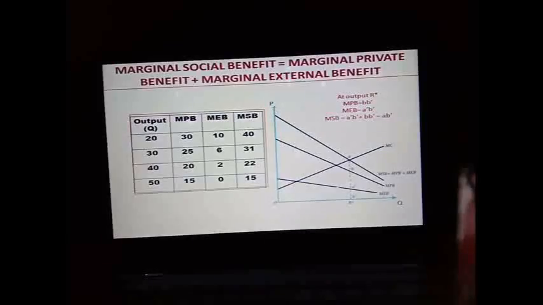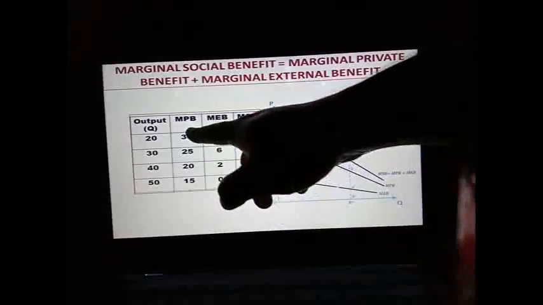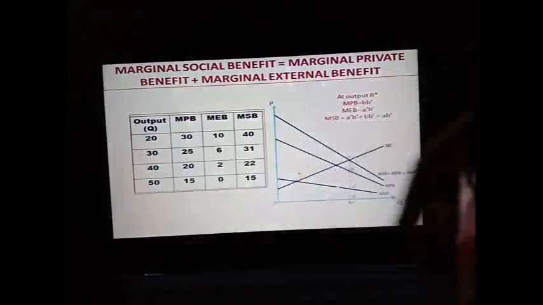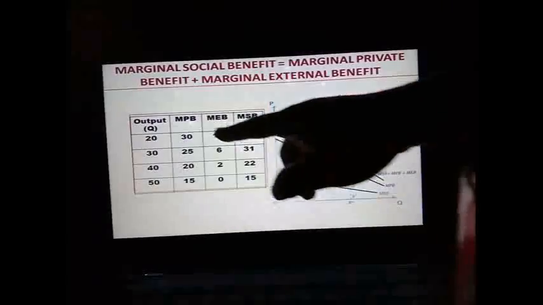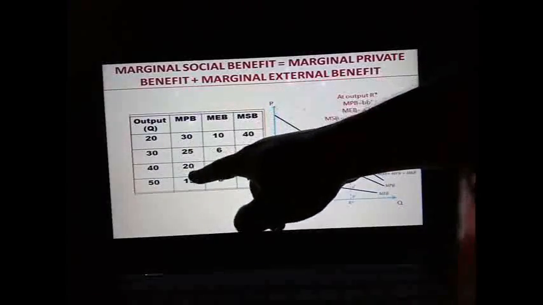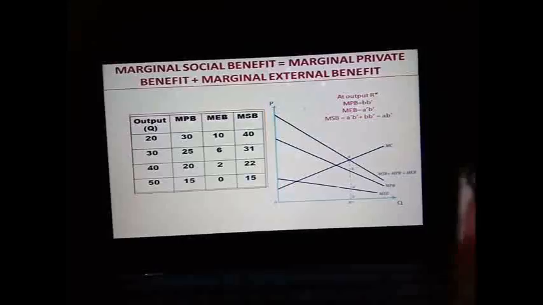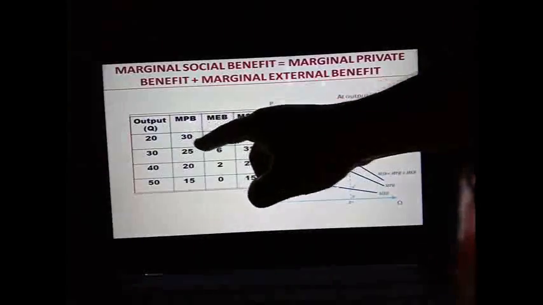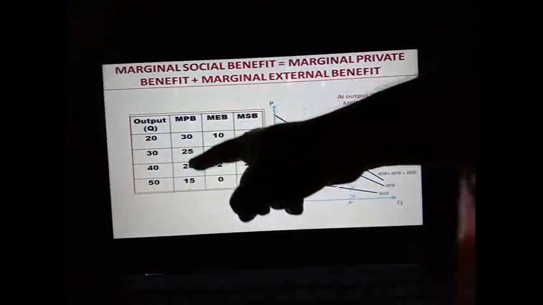And the schedule denotes that when our quantity increases, our marginal private benefit reduces, and that is due to the law of diminishing marginal utility. For the additional quantity, the benefit or utility received from the additional unit gets reduced.